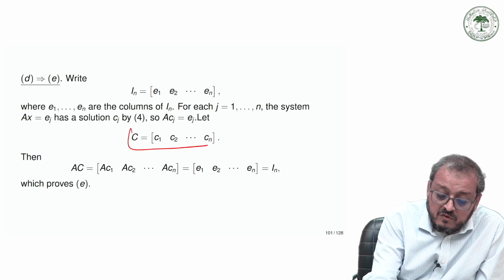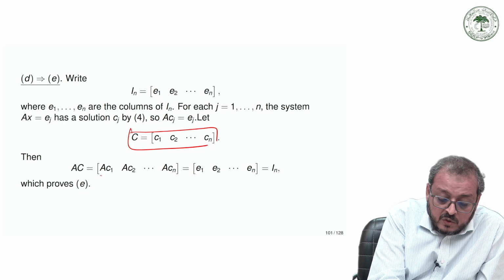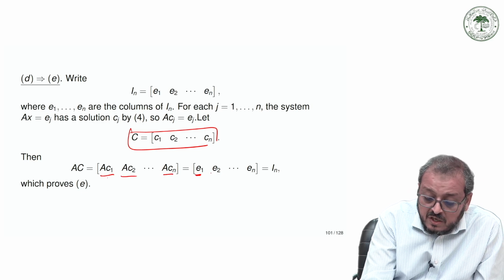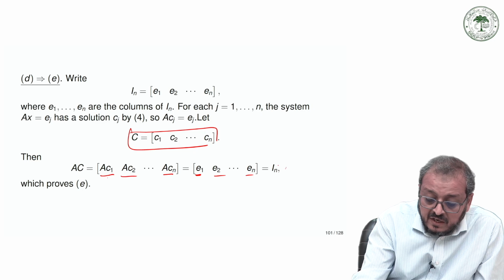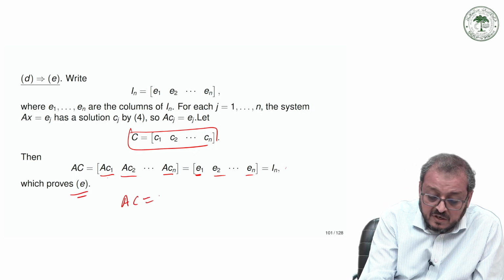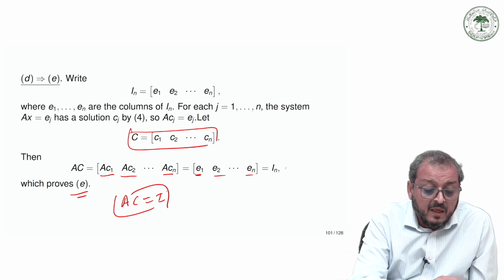Then C has columns C1, C2, up to Cn, and AC equals AC1, AC2, up to ACn, which equals E1, E2, up to En, and this is the identity matrix. So this proves E, and AC is equal to the identity matrix. This completes the proof of D implies E.